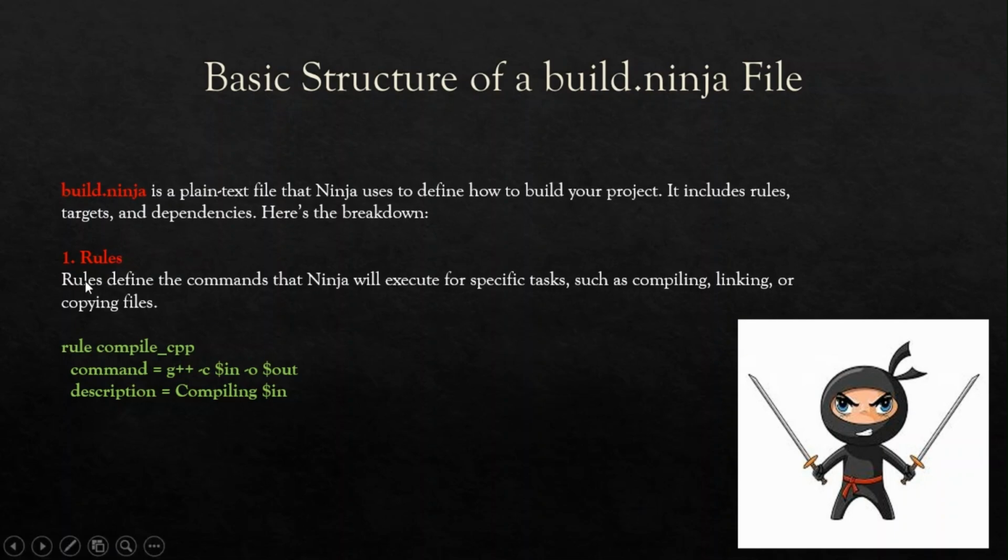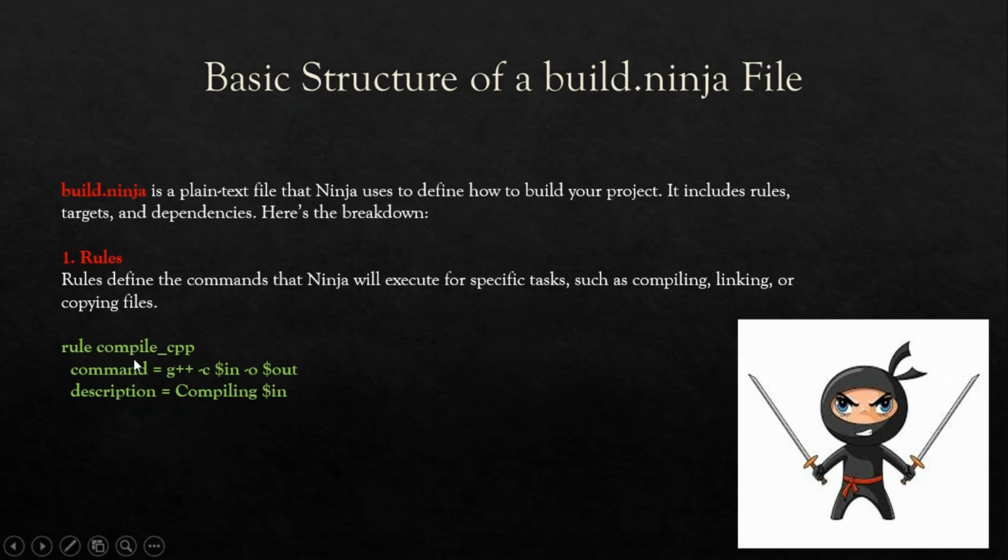First component is rules. Rules define the commands that Ninja will execute for specific tasks. So it will command Ninja, you have to execute so and so things, and that is defined inside the rules. The syntax of rules is like this. It starts with the keyword rule, followed by the rule name.